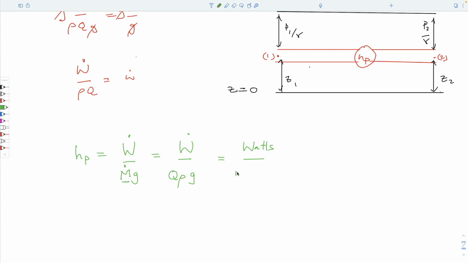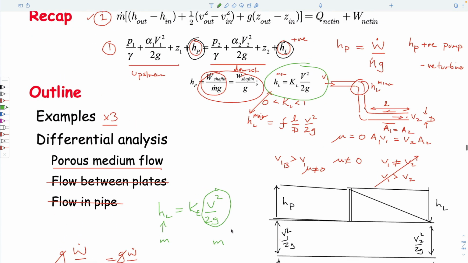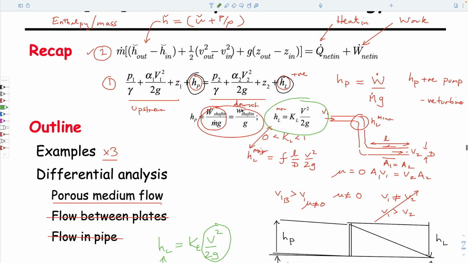Watts per meters cubed per second per kilograms per meter cubed per gravity. So these mass flow rates cross out. So this term here is kilograms per second, which is a mass flow rate, times G. And I never use lowercase w, but it's shaft work per unit mass flow rate. So if this is 1, then this is the work per unit mass flow rate.